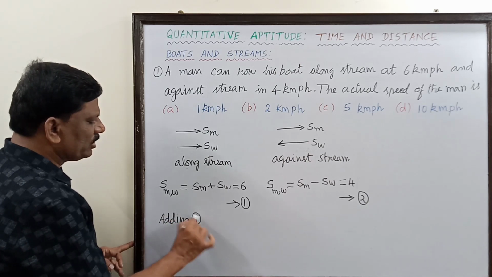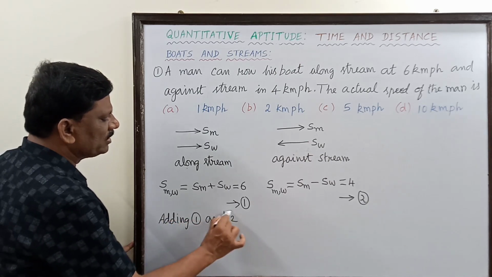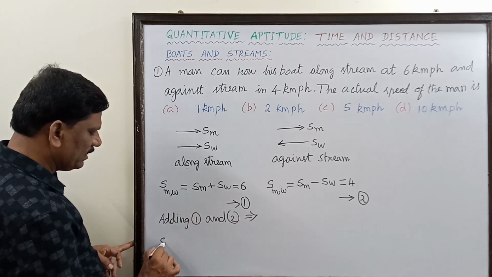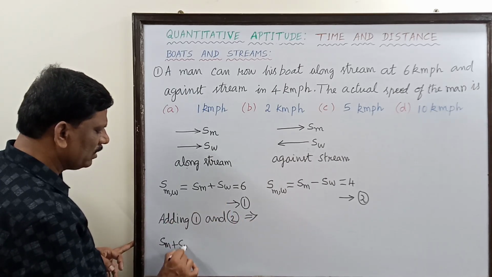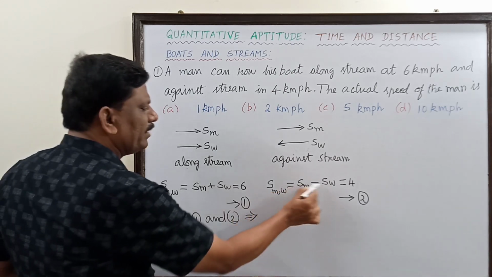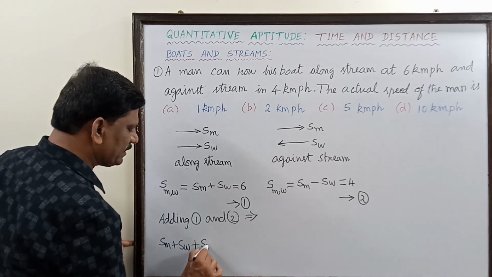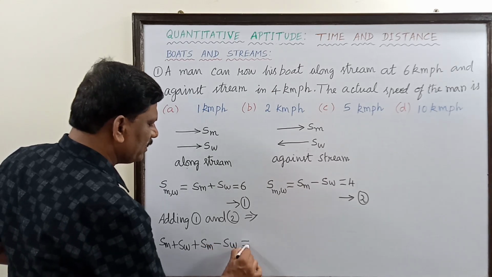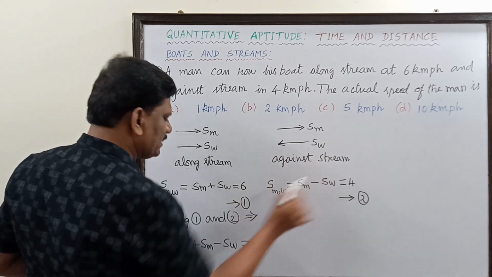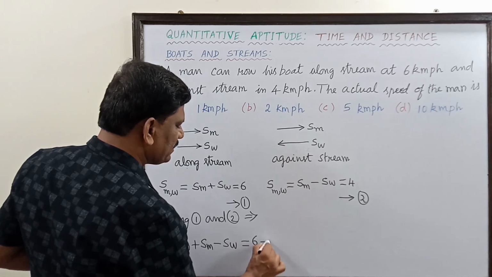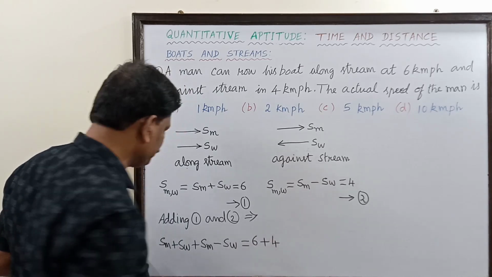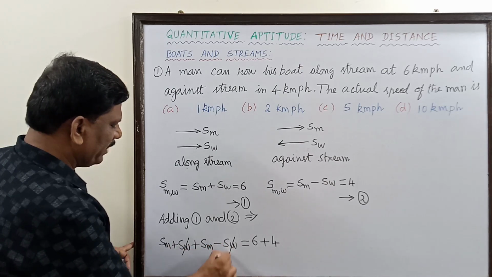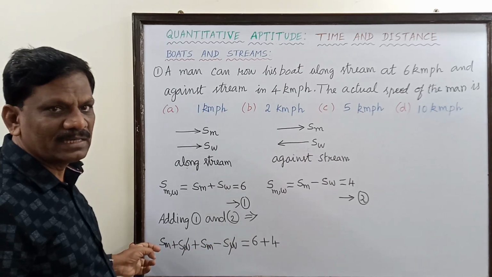Adding equation 1 and equation 2 implies Sm plus Sw plus Sm minus Sw is equal to 6 plus 4. Now Sw and minus Sw get cancelled.